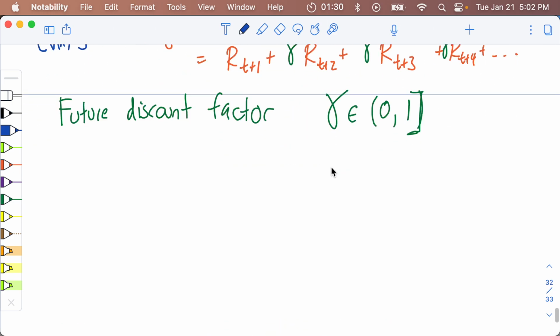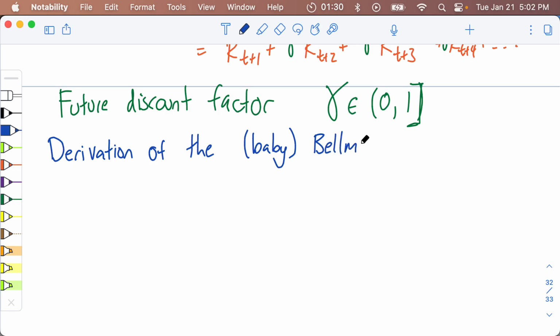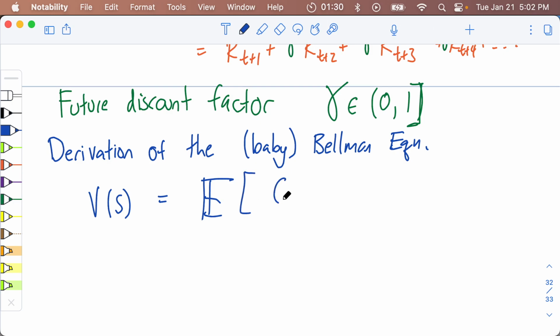Okay, let's do it. So this is the derivation of the baby Bellman equation. We're going to start with what is v of s. It's the expected value of G0, given s0 equals lowercase s.